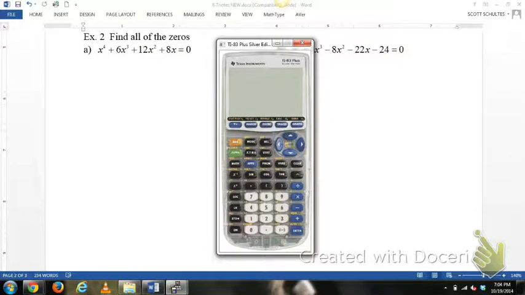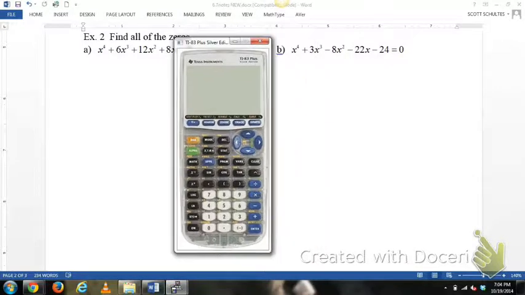Now I'm going to bring up my calculator, and let me turn it on. The first thing you're going to do, guys, is go to y equals. Press y equals on your calculator. This is where you can enter the function you want to graph. So I believe the thing we wanted to graph was x cubed. To type in x, you hit the button just to the right of the alpha key, where it has an x, a t, and then a weird circle looking thing that's called theta.